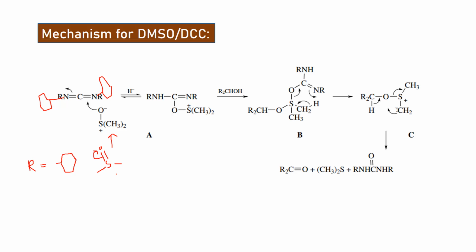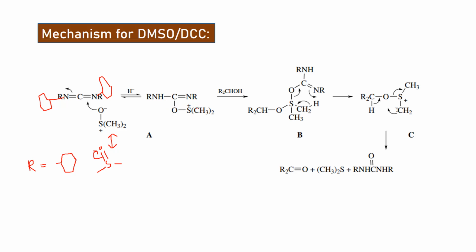As a whole it will be neutral. You may wonder how charge-separated species can exist, but as a whole this is neutral. So this O minus will attack this carbon center, and this will open and take up a proton from somewhere in your substrate.